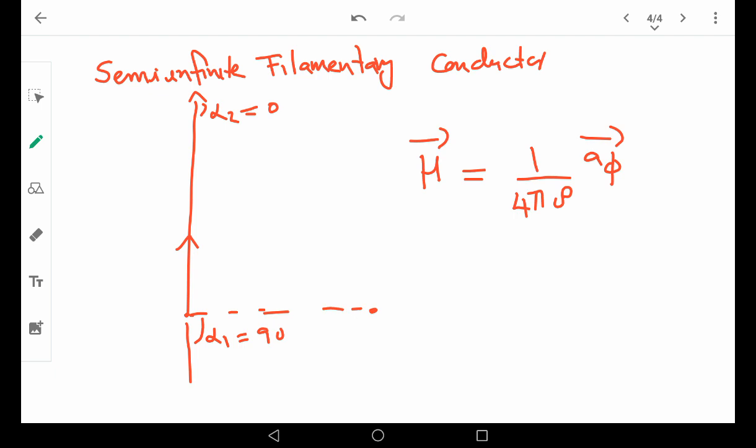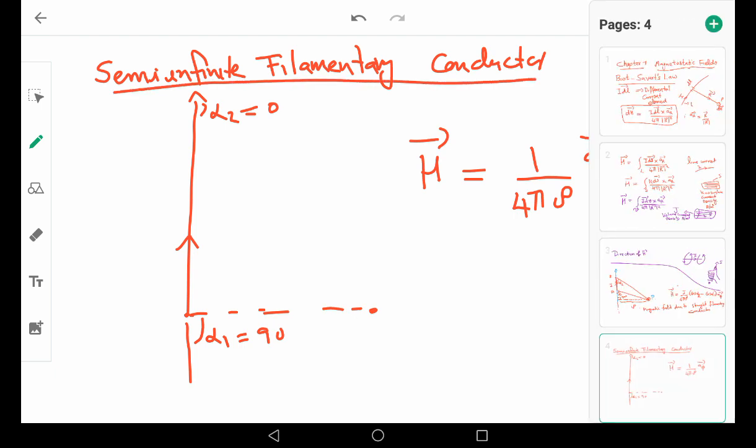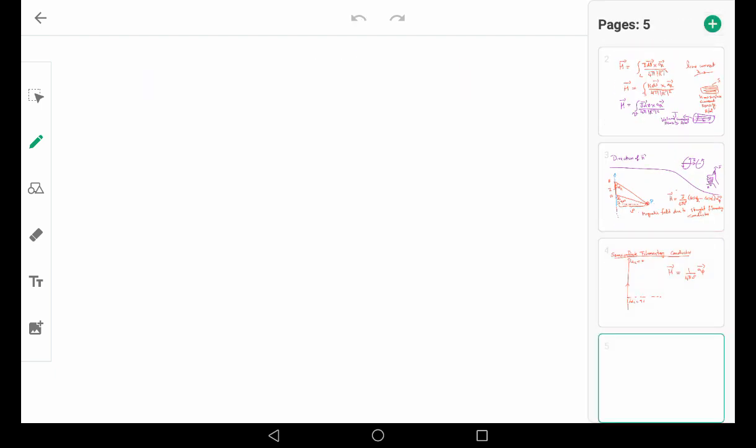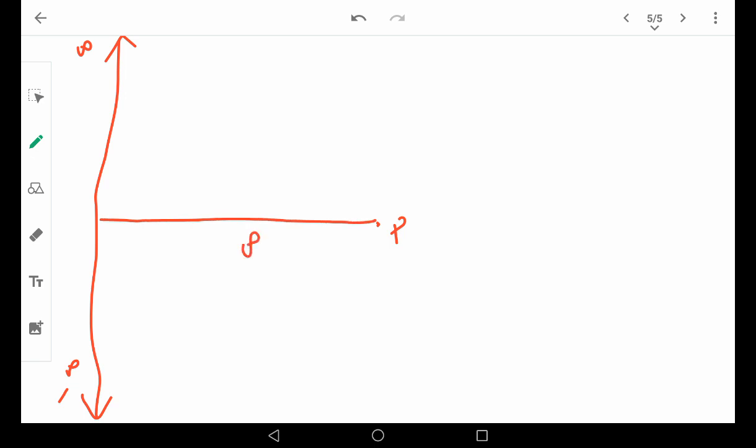Now, if the conductor is infinite, that is, it is extending from infinity to minus infinity, you have a point here. Here this is rho. So this angle alpha 1 will be 180 degrees, and alpha 2 will be equal to 0 degrees.